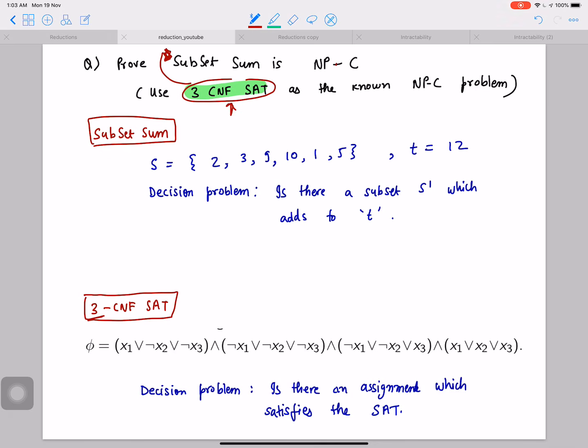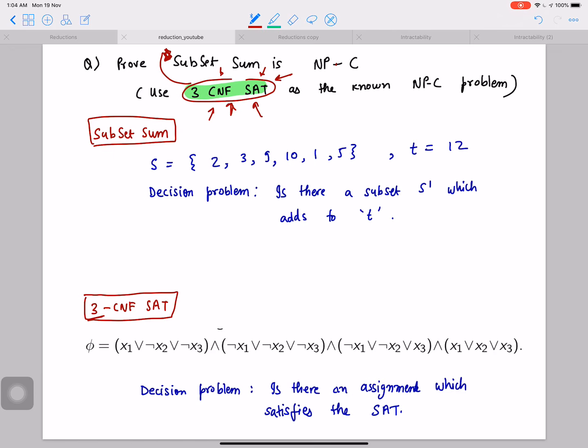Remember, all the reductions came to this, so we want to borrow all those reductions. If you reduce the other way around, it won't mean anything. So we want to pick up our known NP complete problem, the 3 CNF SAT, and reduce it to the subset sum problem. Before that, let us revise the subset sum problem and the 3 CNF SAT problem.